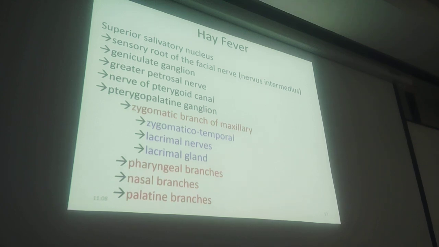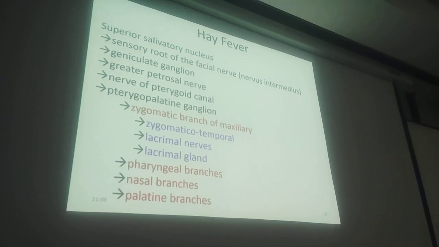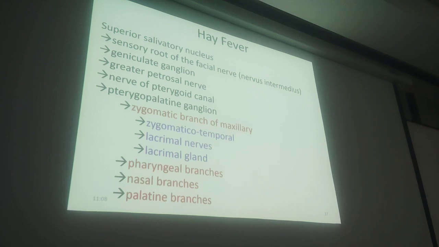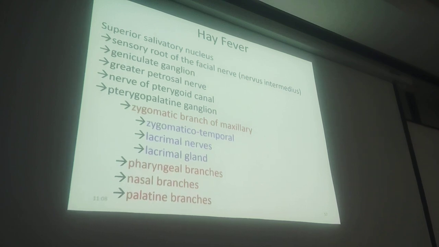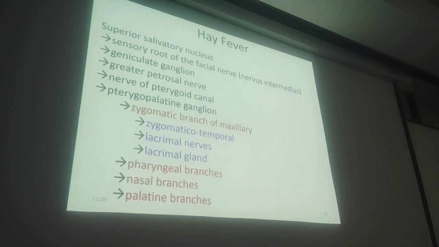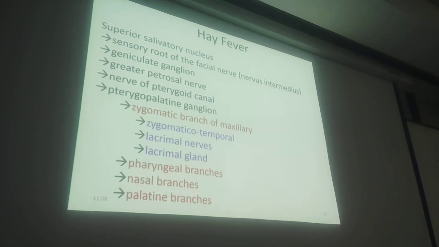So an allergic reaction to pollen in susceptible people irritates the pterygopalatine ganglion and all the glands supplied by it. That's why you get lacrimal secretion, nasal secretion, oral drip, pharyngeal drip and all those. So that's the ganglion. It is also called the ganglion of hay fever.